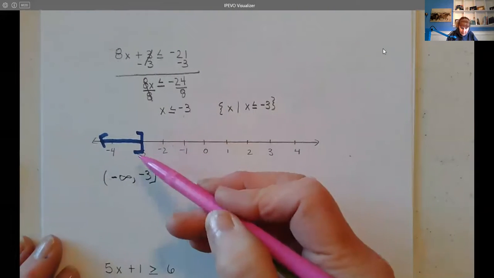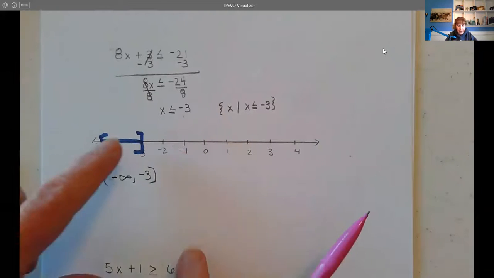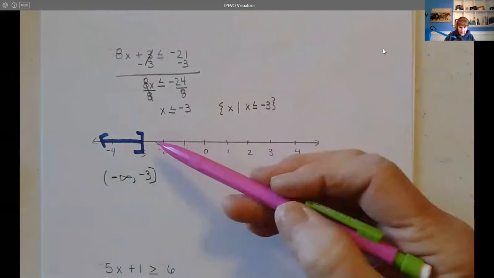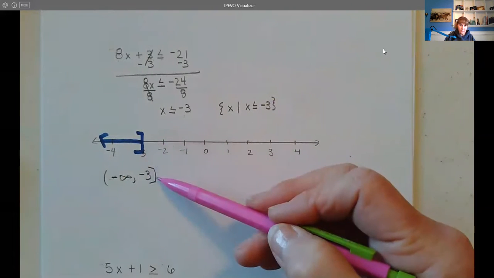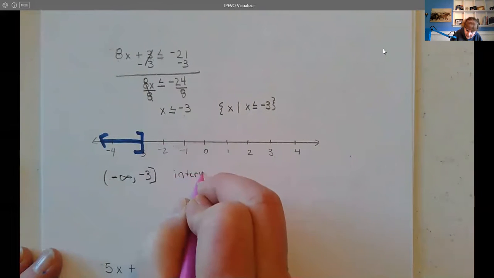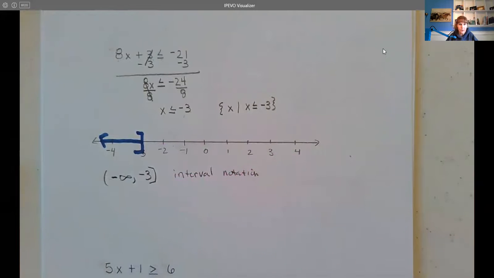The bracket. If you have a bracket, you'll have a bracket in your interval notation. That's why sometimes it's easier to graph the solution before you come up with this, until you get used to it. So the set notation, the graphical, and the interval notation solution.